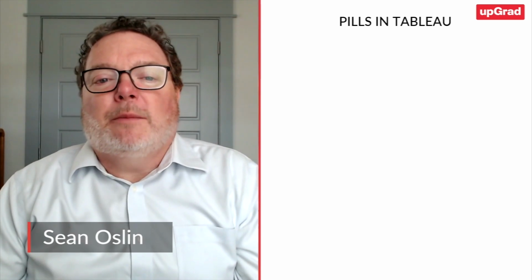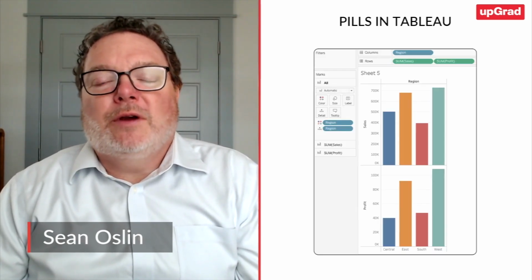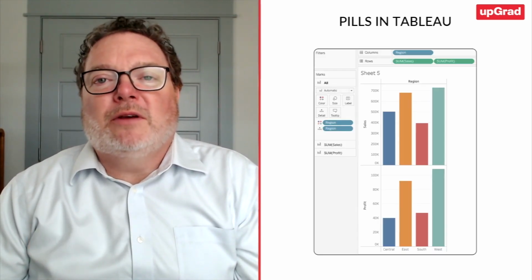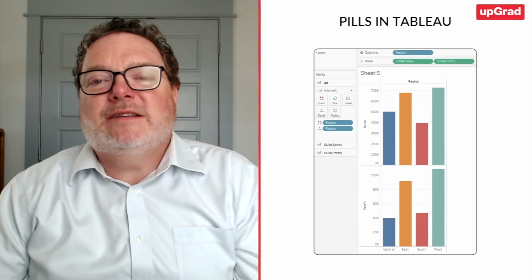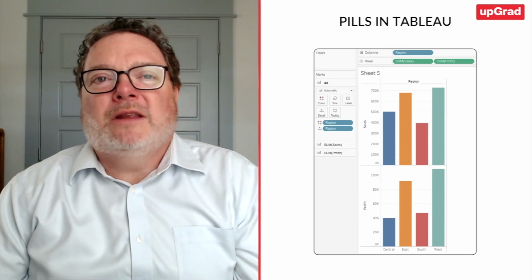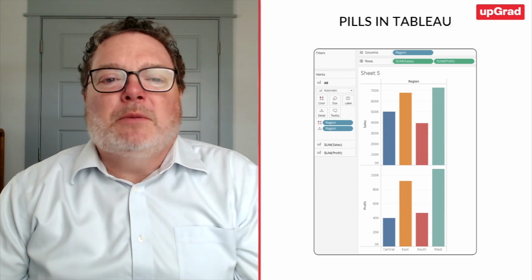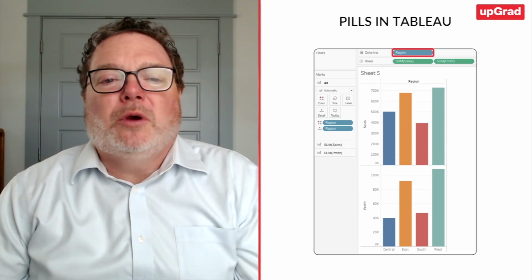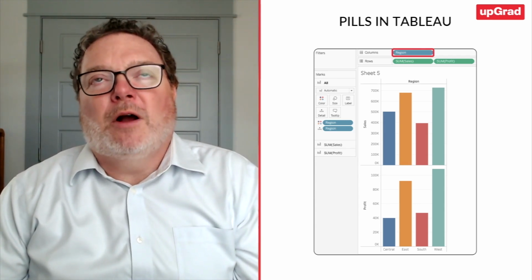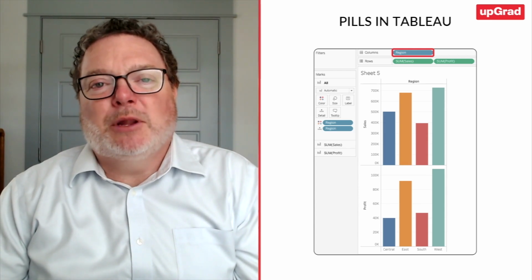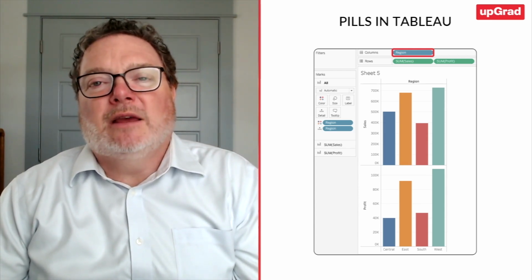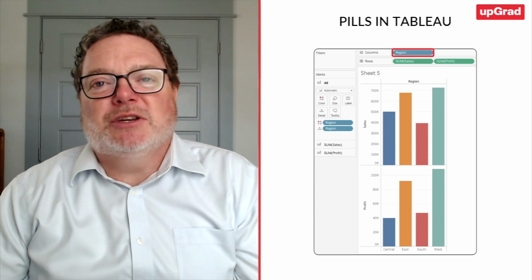So now we're going to talk about pills in Tableau. You're going to see blue pills and green pills in Tableau, and you're going to wonder, wait, what's the difference? Well, the important thing to keep in mind is the blue pill. While most blue pills come from the dimensions section of Tableau, a blue pill is not necessarily a dimension.